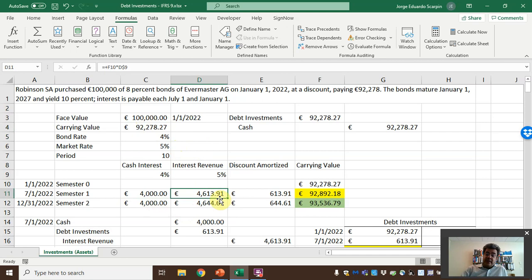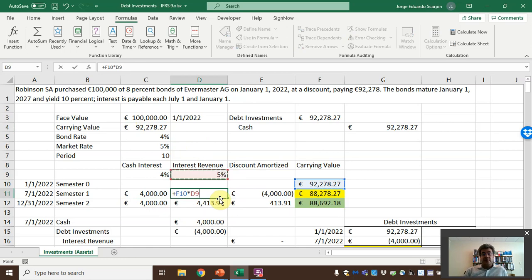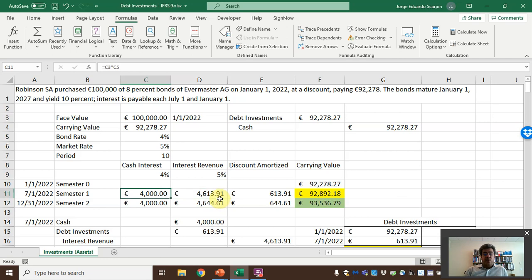How do we find our interest revenue? Carrying value times the market rate gives the interest revenue. So we receive here on this investment 4,000 euros, but our revenue is 4,613.